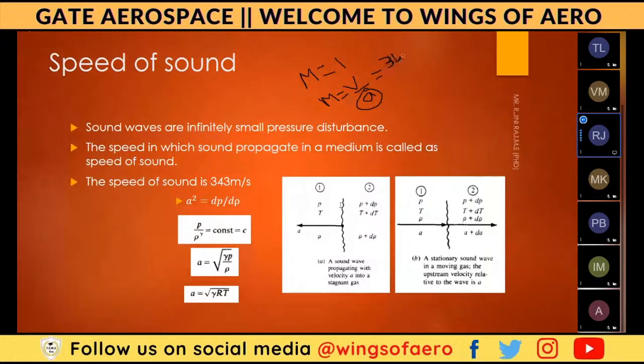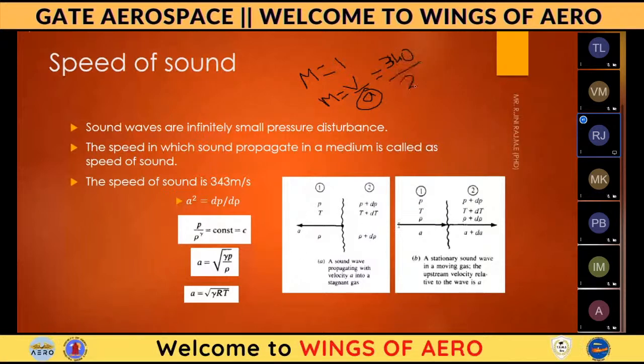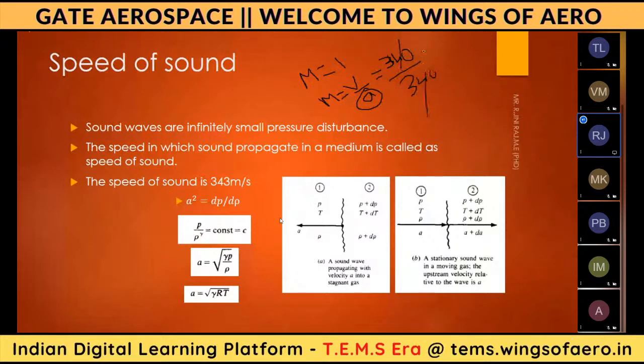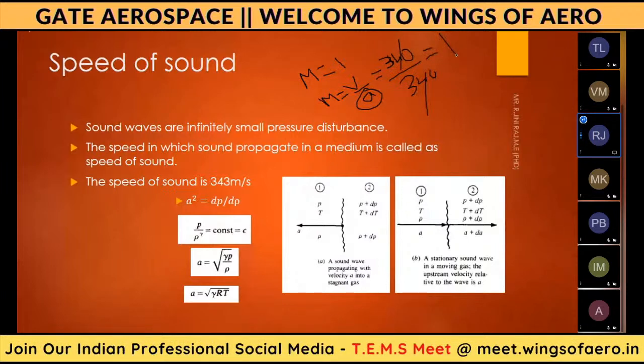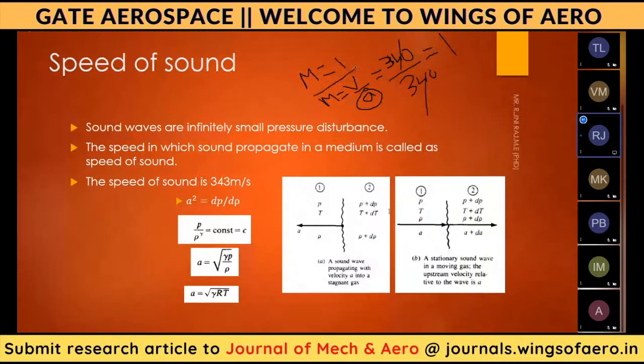If the object is also moving at the same velocity, then by putting the values, 340 gets cancelled, and the value will become 1. So this is how we get it. If M equal to 1, then the flow is called sonic flow. In the same way, if M is greater than 1, the flow is called supersonic flow.